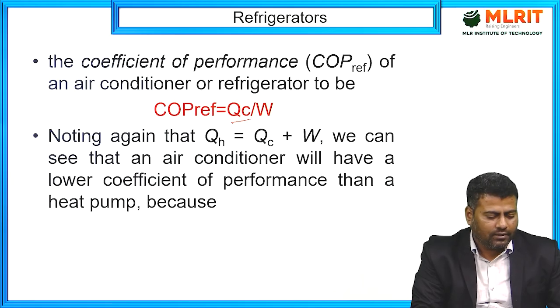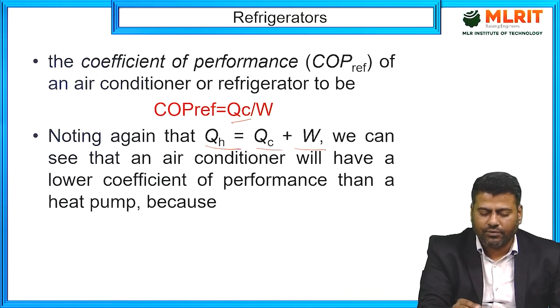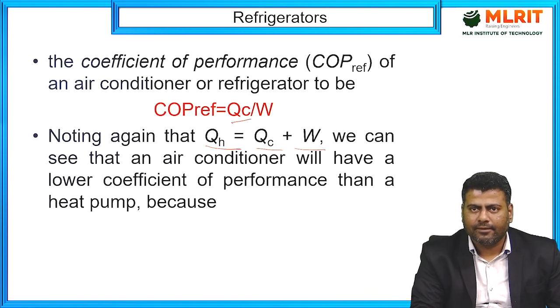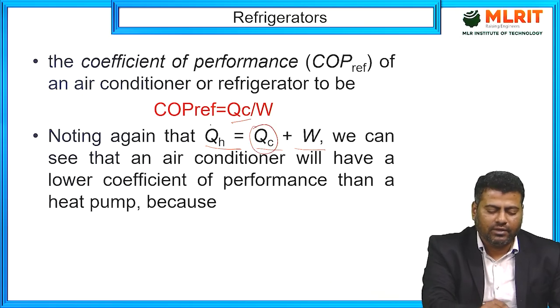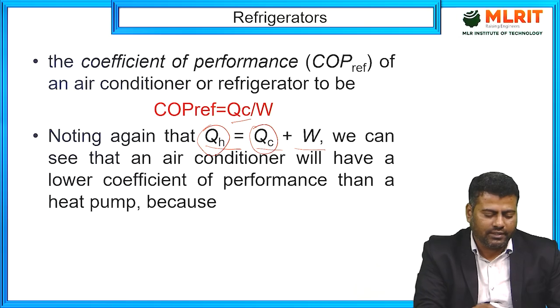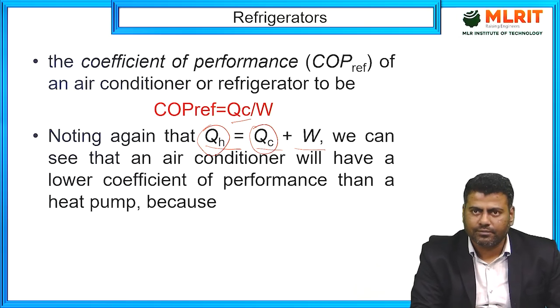See, noting again that QH is equal to QC plus W. The cases will be the same, and we can see that an air conditioner will have a lower coefficient of performance than a heat pump. Why? Because QH is always greater than QC in both cases. So that is why it has a lower coefficient of performance than the heat pump.